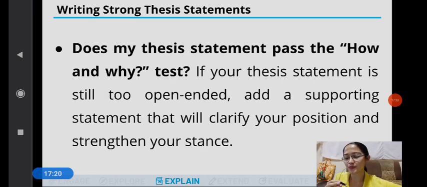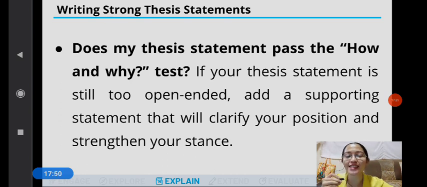Next, does my thesis statement pass the how and why test? If your thesis statement is still too open-ended, add a supporting statement that will clarify your position and strengthen your stance. When we say open-ended, what are open-ended questions or statements?